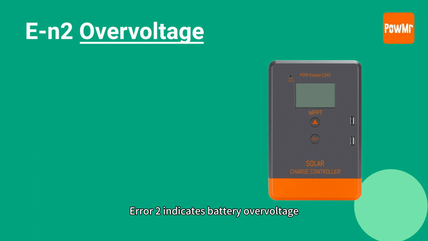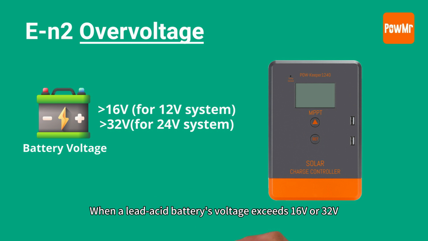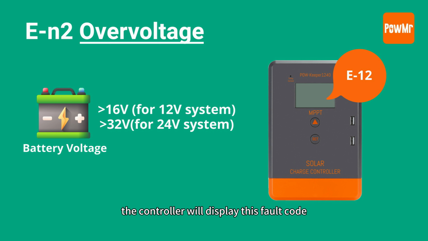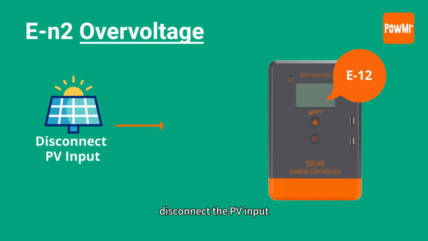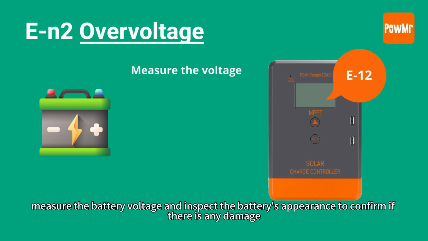Error 2 indicates battery over voltage. When a lead-acid battery's voltage exceeds 16 volts or 32 volts, depending on the system voltage, the controller will display this fault code. Disconnect the PV input and stop charging. After the error occurs, measure the battery voltage and inspect the battery's appearance to confirm if there is any damage.